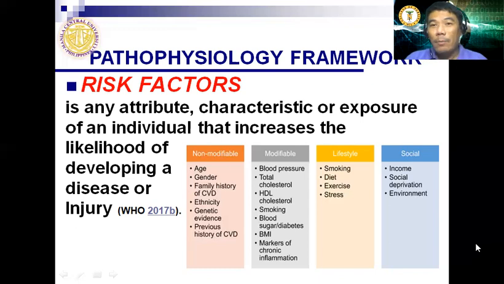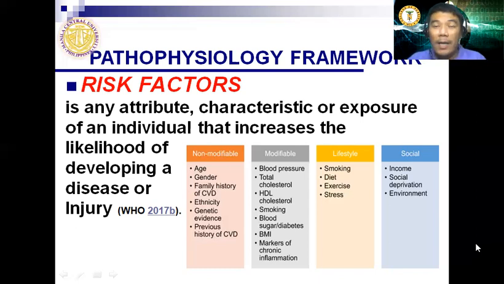Myo means muscle, cardial means the heart, infarction means necrosis or tissue death. If there is already identified tissue death, the dead tissue is already there. It may not be replaced by a separate tissue.